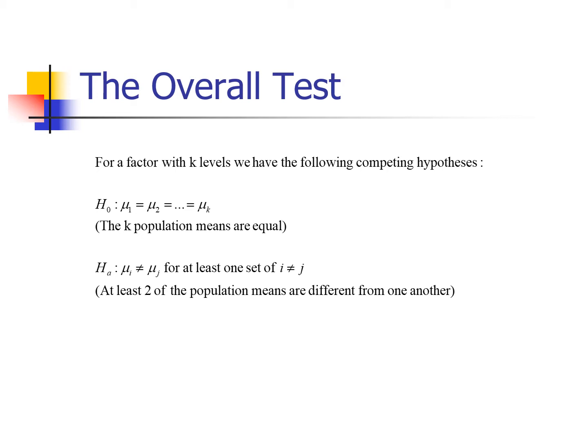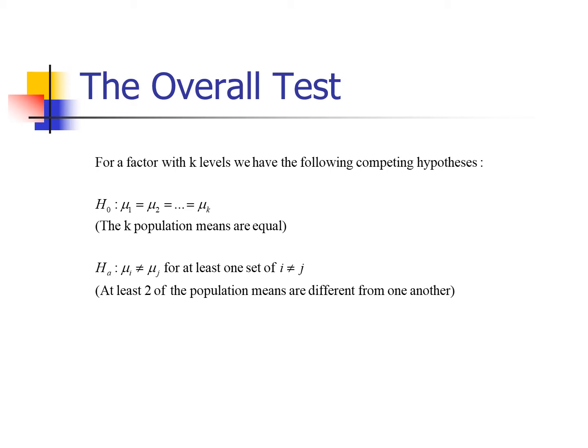So just like with regression, we start with an overall F-test. The overall F-test is a little different than the regression one. The regression one, remember, was beta 1 equals beta 2 equals beta 3 equals beta k, all equal to 0.